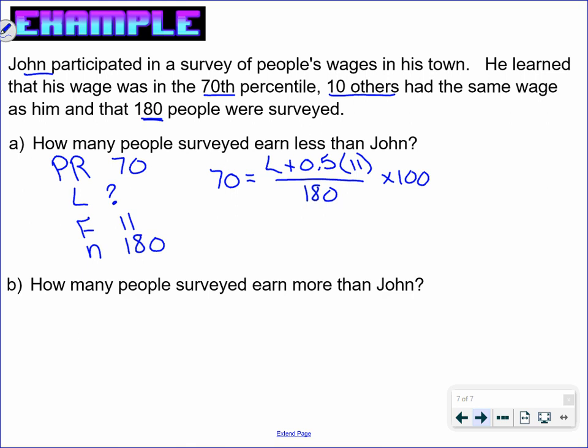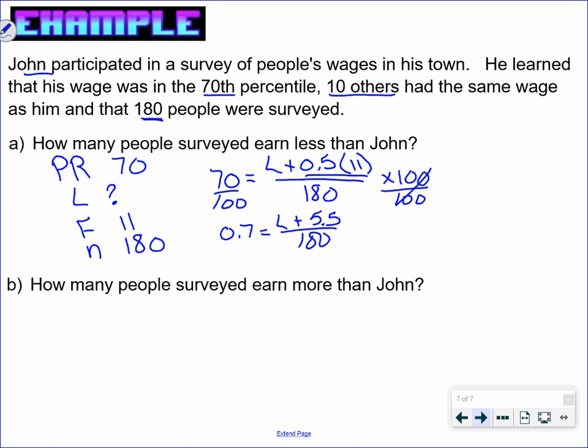We need to undo what's there. The first thing is to get rid of this multiplying by 100. So we're going to divide out 100 from both sides. When we do that, we'll get 0.7 equals L plus, we're going to multiply these two together as well. 0.5 times 11 is 5.5. And our 100s got divided out, so we don't need them anymore.